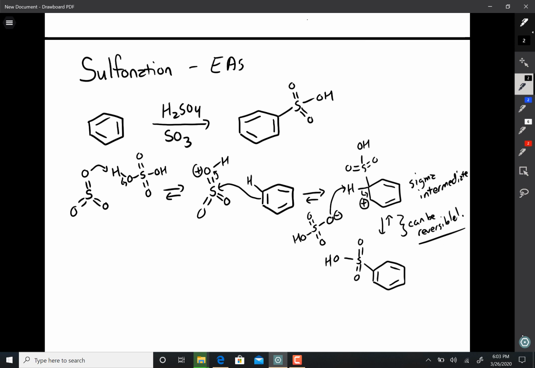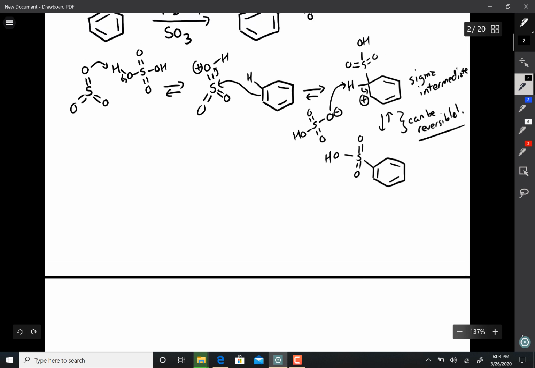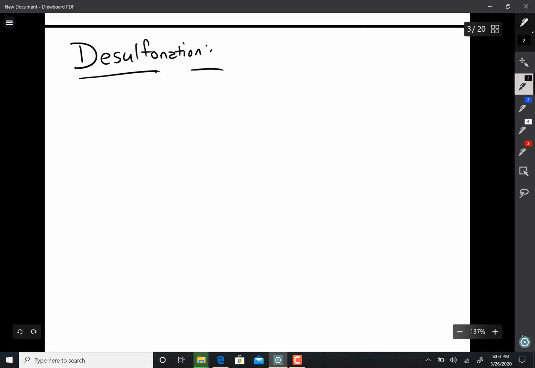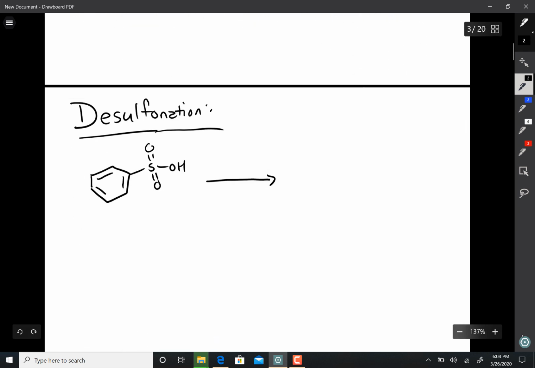And so this gives us another reaction, mainly the desulfonation. Now, to do the reverse reaction, you need similar conditions, such as strong acid.